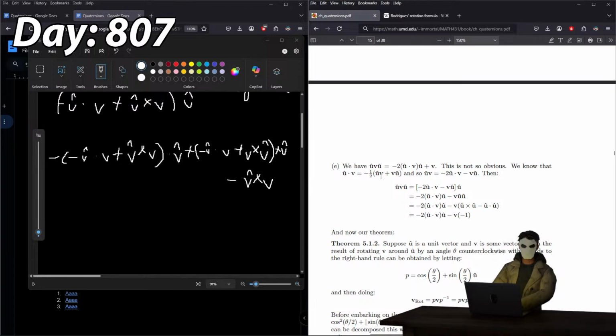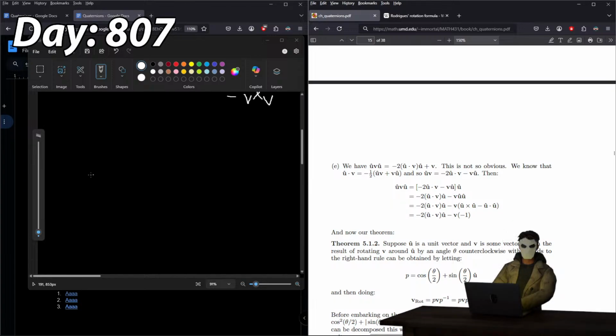How do you get from this step to this step? That's the tricky bit.